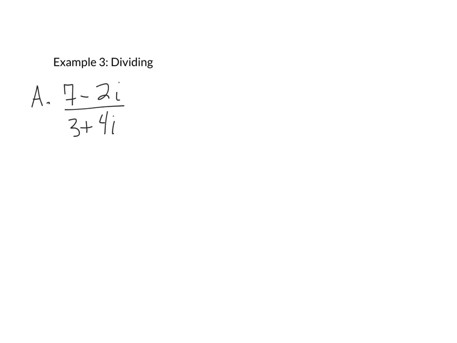Alright, to divide complex numbers, what we're going to do is multiply by the conjugate of the denominator.